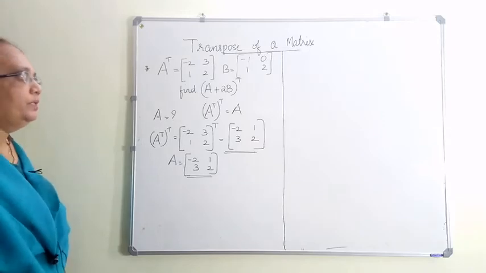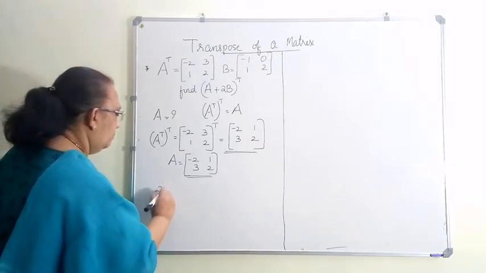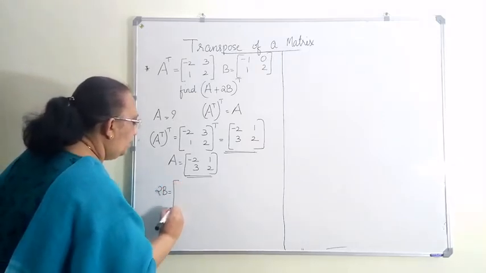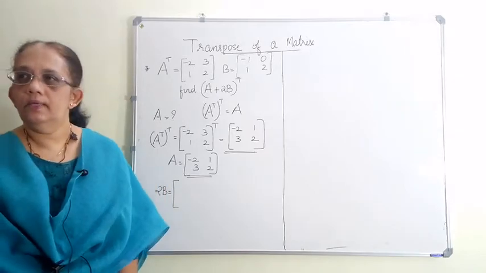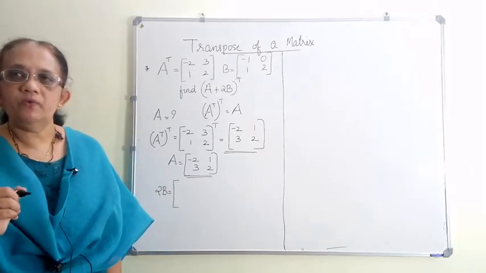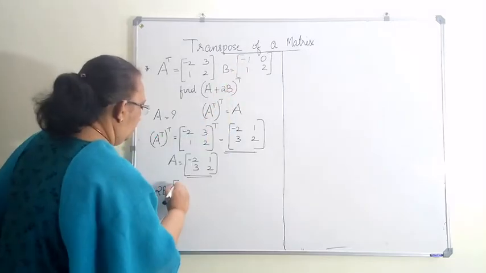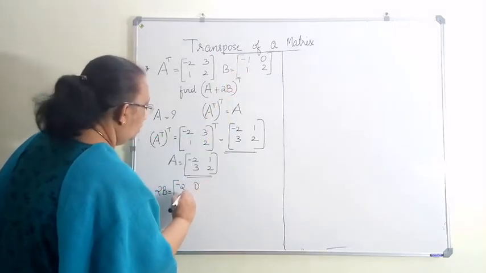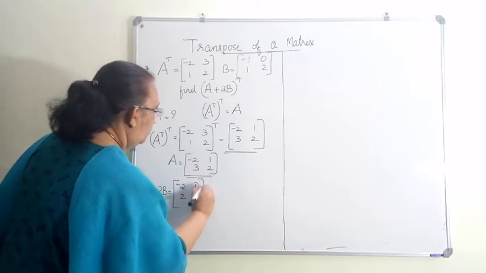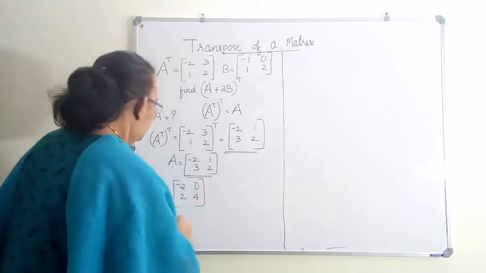Next you have to find 2B. How do you get 2B? Yes, multiply every element of B with the scalar 2. -2, 0, 2, 4. What is the next step?